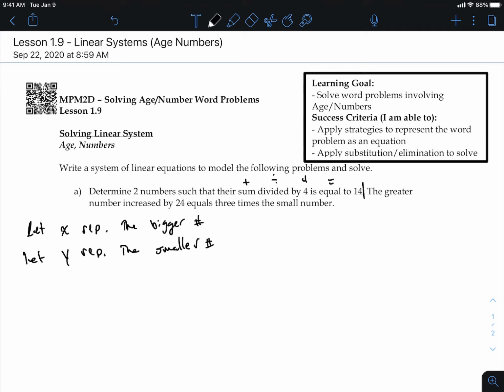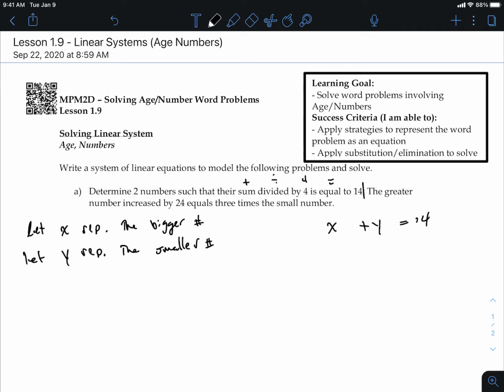So let's just deal with the first piece here, right? This is a very general skeleton like what we did earlier. Something like x plus y has to equal 14, and then I can add in the extra pieces. It said sum divided by 4.